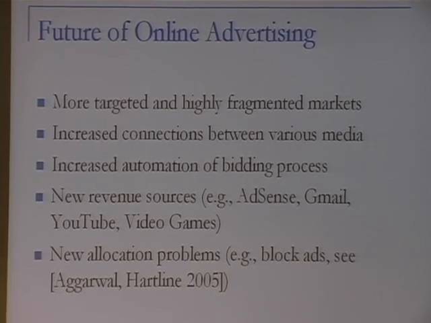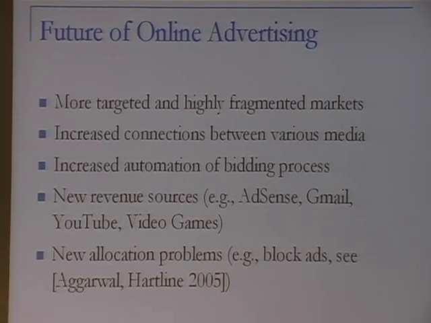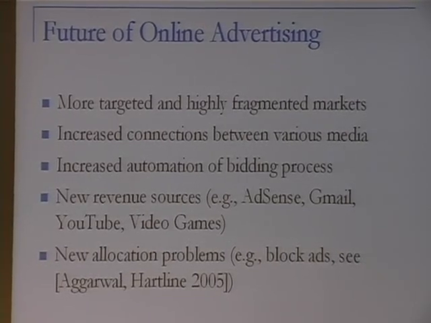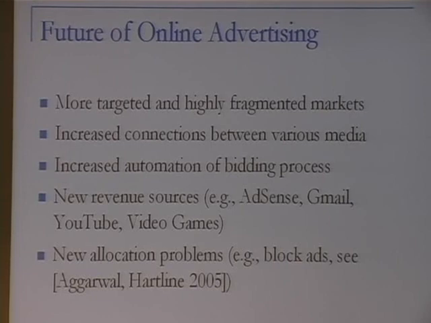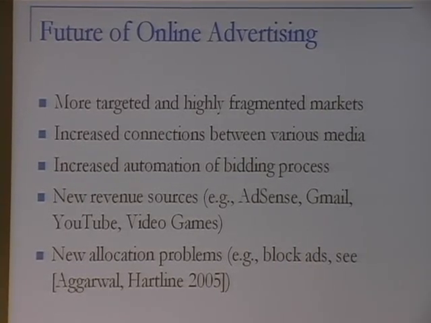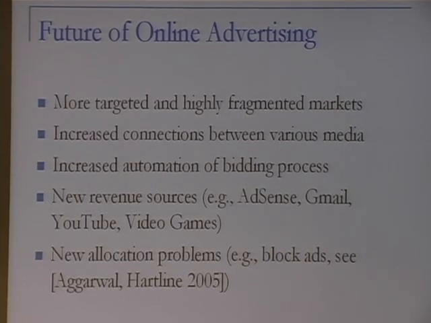So each eyeball is going to become almost unique, and we're going to have to figure out how to price these very unique eyeballs. We're going to see increased connections between various media types. We're going to see connections between what you watch on TiVo and the advertisements you see on your search engine, and what you read on your Gmail, and so on.